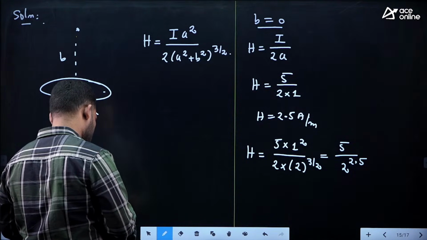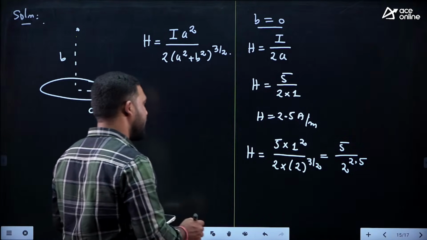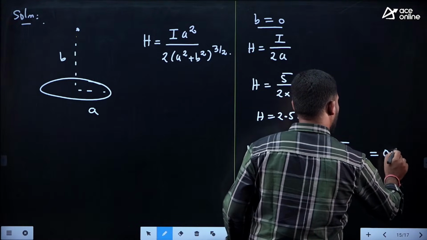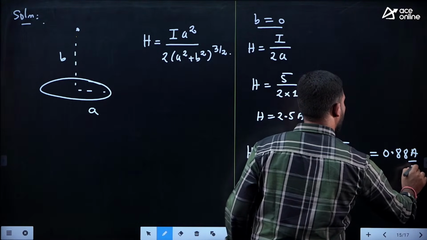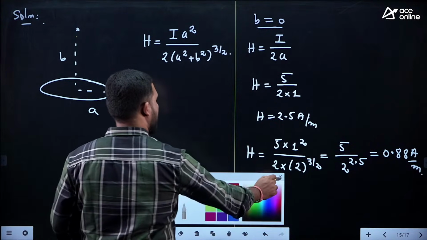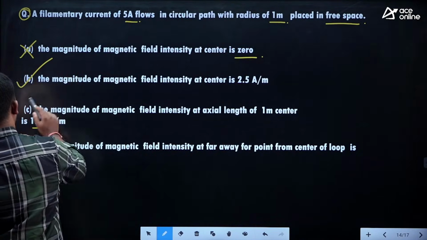Let me check this value. It is 0.88 ampere per meter. But what is given in the question? 0.7. So it is wrong.